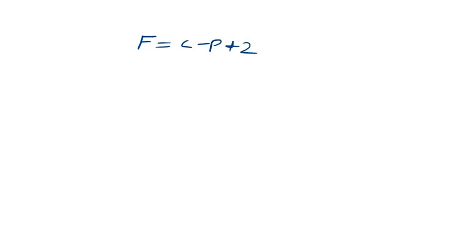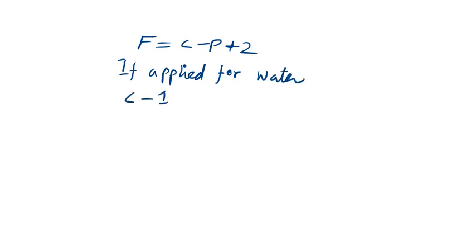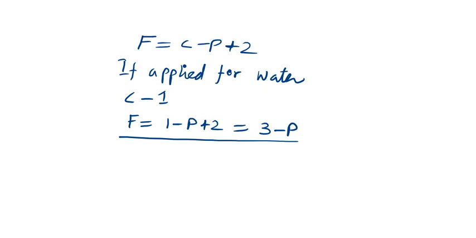If applied for water, then what happens? Component is 1, only one component is there, then F is equal to C minus P plus 2 becomes 1 minus P plus 2, and that becomes 3 minus P. Thus, for this equation, if only one phase is present, if only liquid is present, then F becomes equal to 2, 3 minus 1.